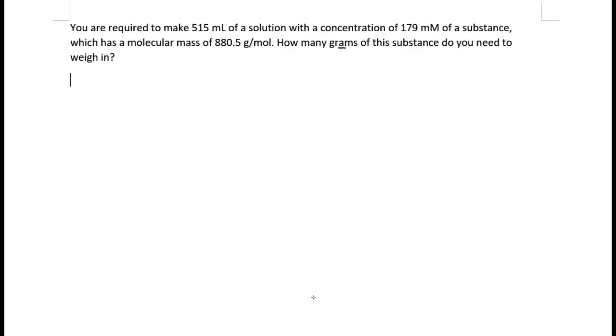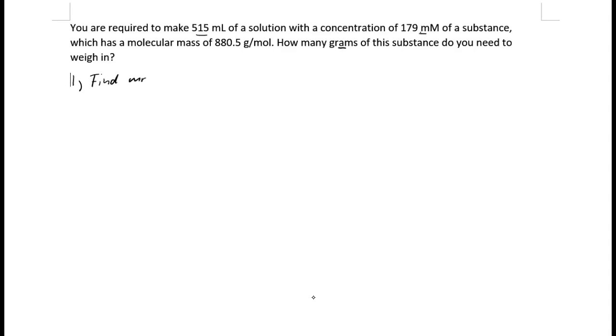The first step is that we calculate the number of moles that we need in our solution. So we've got a volume and we have a required concentration. So step number one is find the number of moles.